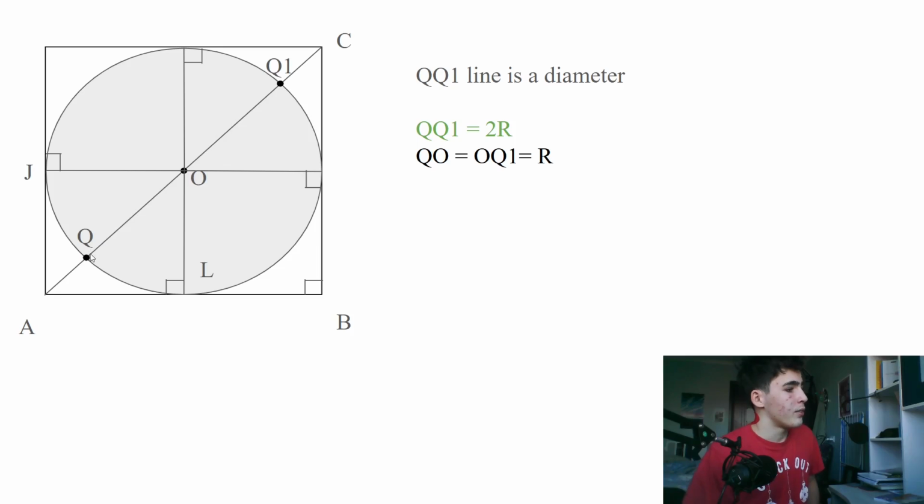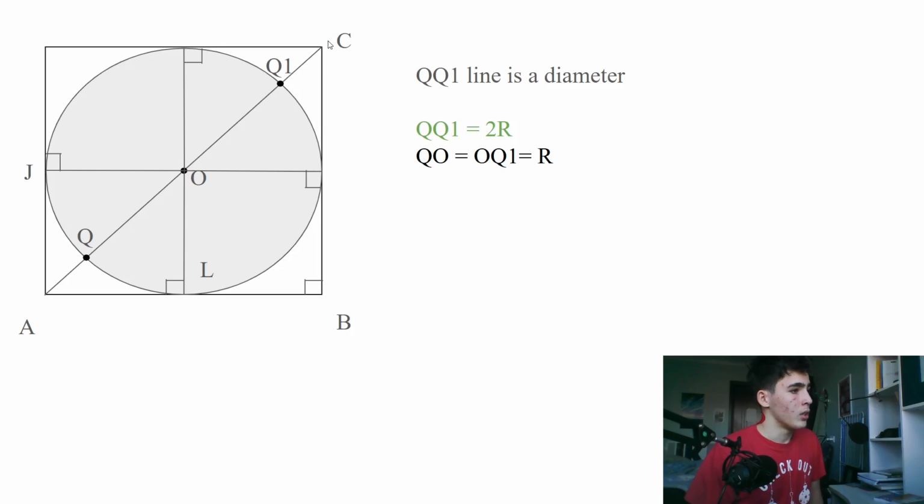Well, if this OQ1 is slightly bent down like this or this, it won't be a diameter, it'll just be 2 radiuses. But we know that QQ1 is a part of the AC line, which is a straight line.